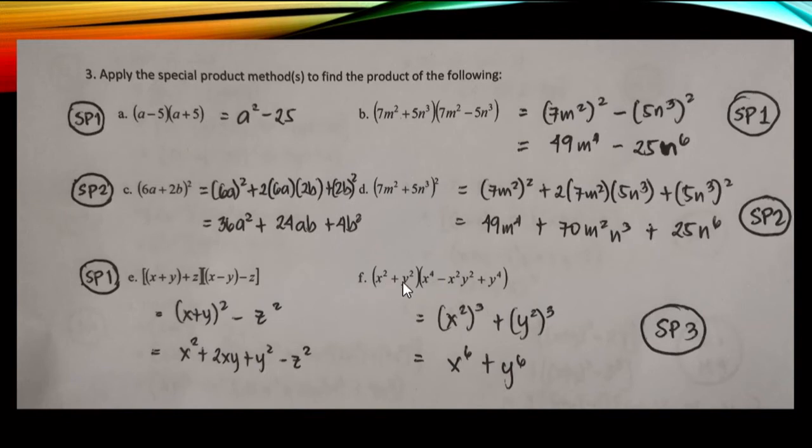So, ang pattern diri, square ang first term, minus, then times ang first and second term, tapos square ang second term. So, that is x squared ang first term, cube, plus cube ang second term. So, y squared cube. So, that becomes x to the power of 6 plus y to the power of 6.